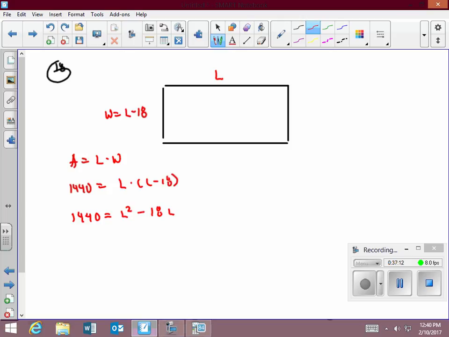We set it equal to 0, factor it, right? L squared minus 18 L, then I'm subtracting the 1440 from both sides and setting it equal to 0.